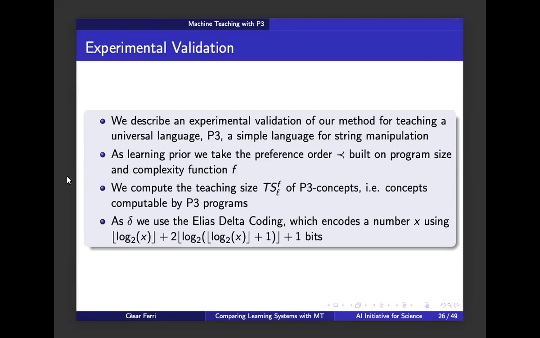As learning prior, we take the preference order on program size and this complexity function, and we use an encoding called Elias delta coding to compute the number of bits of the witnesses. This Elias delta code is a universal encoding scheme that is able to compute the size of the witnesses, even if there is more than one pair.